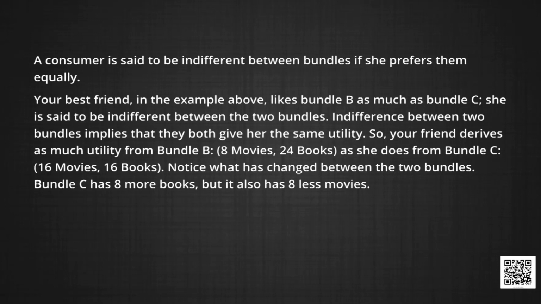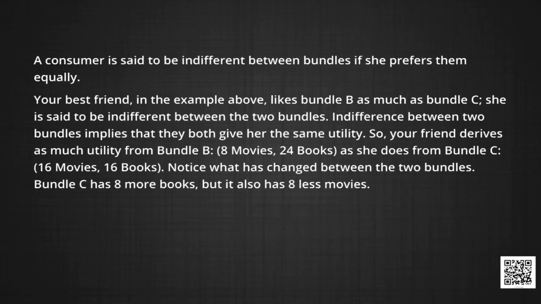Indifference between two bundles implies that they both give her the same utility. So, your friend derives as much utility from bundle B, which contains 8 movies and 24 books, as she does from bundle C, which contains 16 movies and 16 books.